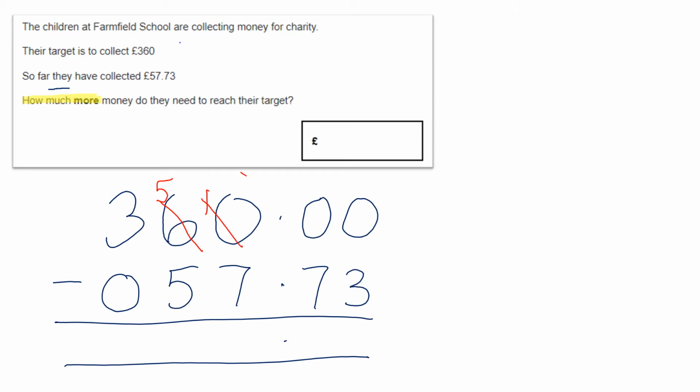We have to go through all the zeros, the 10s now, pinching another one off, and then we get 10 take away 3, 7, 9 take away 7, 2, again 9 take away 7, 2, 5 take away 5, 0, and 3 take away nothing is 3. So you are left with, we put our pound sign in, £302 and 27 pence for question 1.